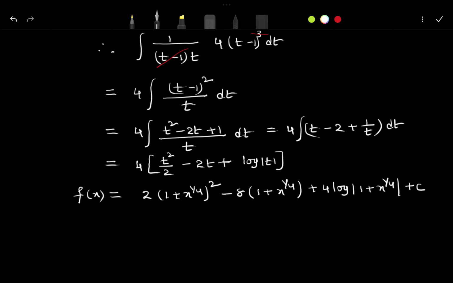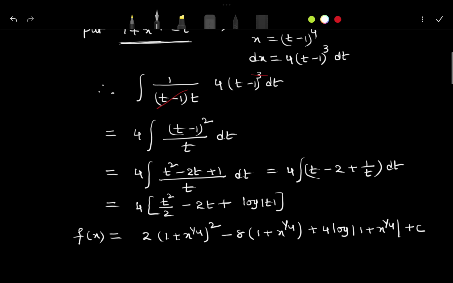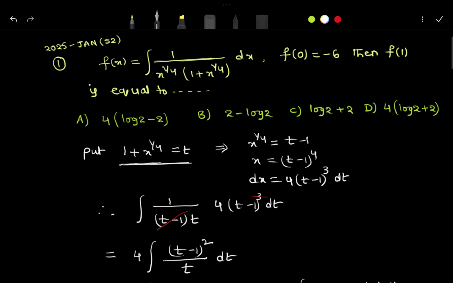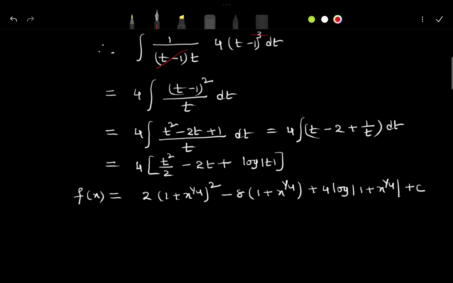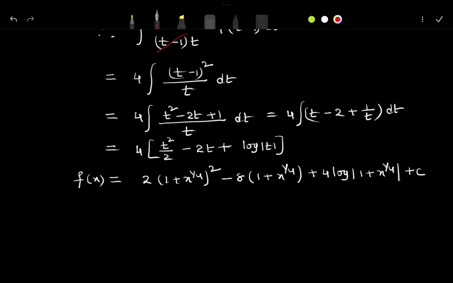Now to find the integral constant, f of 0 is given as minus 6. So put x equal to 0 in this.